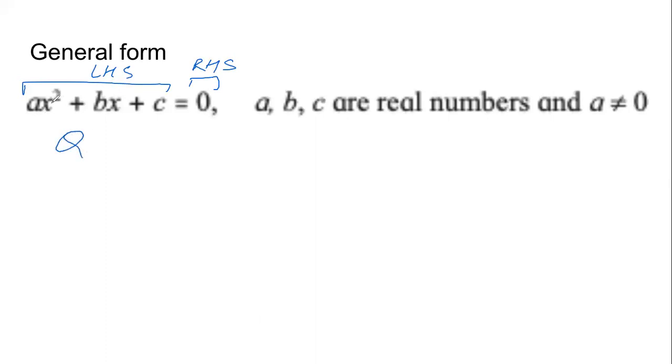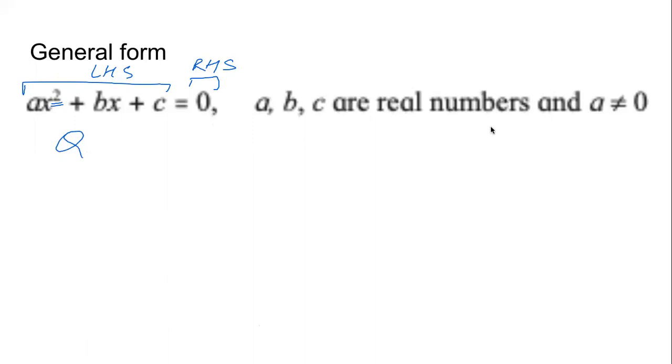Why? Because the highest power is 2. The degree is 2. On the right hand side, we have 0. So when we have an equation in which a quadratic polynomial is equated to 0, we call this the general form of the quadratic equation.